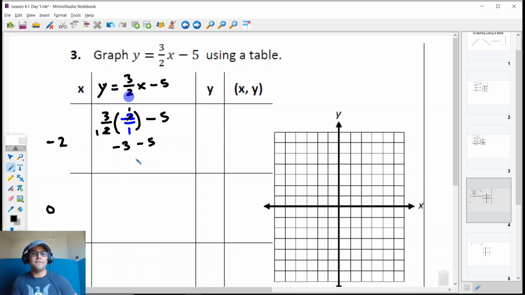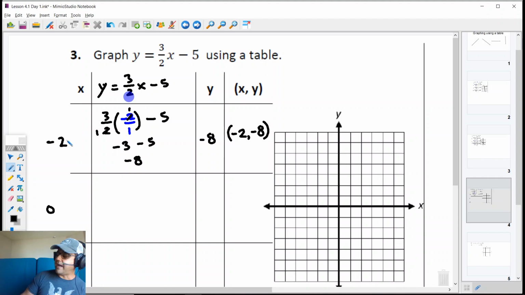So -3 subtract 5 is going to be -8. So my ordered pair would be -2, -8. Now, if I selected a different x value, I could do that, but I might get some fractional numbers that I need to be a little bit more aware of when I'm actually doing my ordered pair. So I like using the denominator idea, -2, 0, 2.